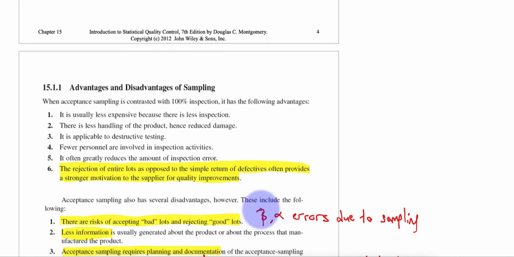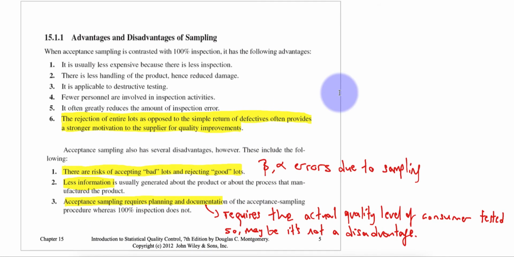Let's continue. When we compare acceptance sampling with 100% inspection, acceptance sampling has some advantages. Because it has less inspection, it would be less expensive, and there will be less handling of the product, so we will reduce the damage. And acceptance sampling can be applicable to destructive testing.